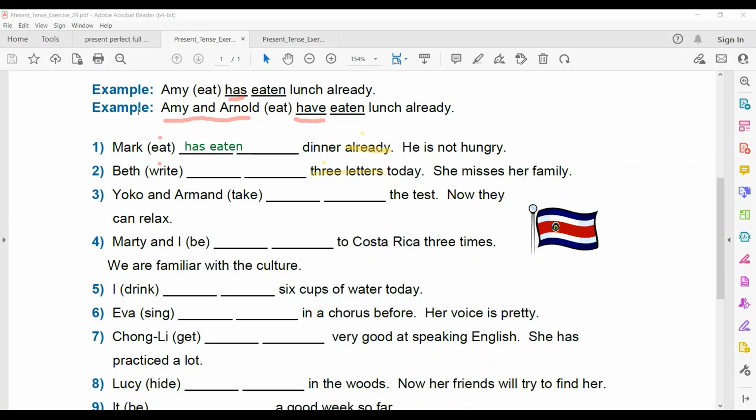And if it would not specifically state that this is a present perfect activity. So I will look here, and then I would remember that present perfect has repeated actions. And I will put it here. Beth is a female name, so I put has for singular. Has 3 letters today.